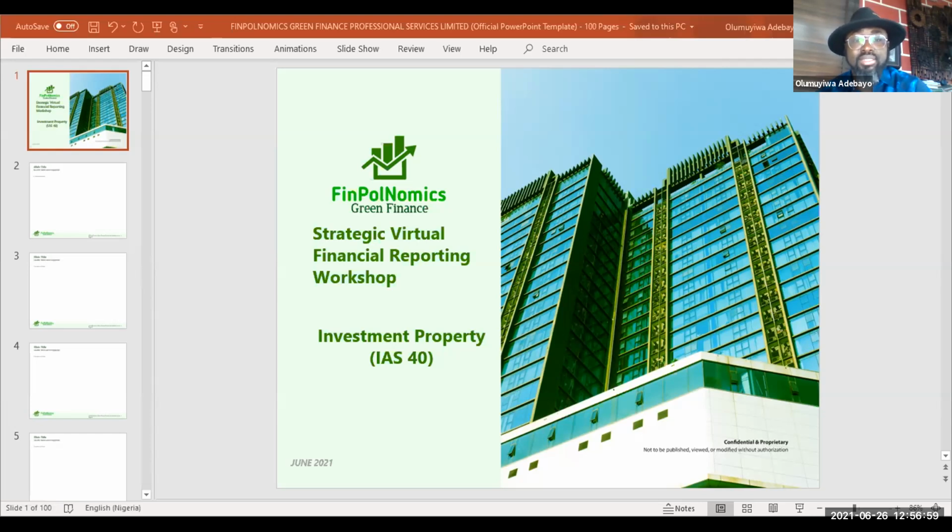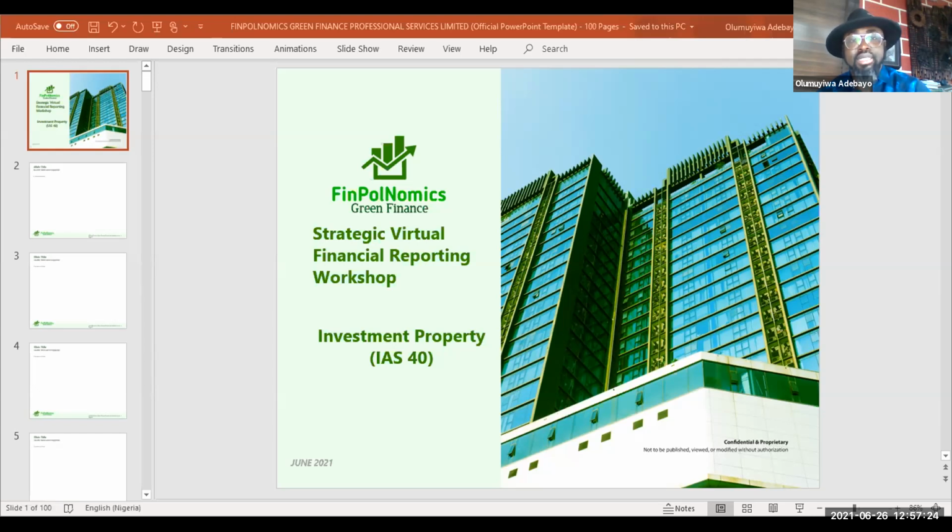Property that is put materially in use for production or supply of goods and services, or for administrative purposes, will automatically qualify as property under IAS 16, known as owner-occupied property, which is a business property for its own use administratively or for production.